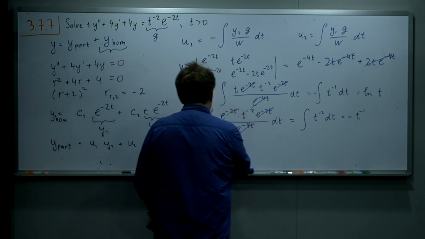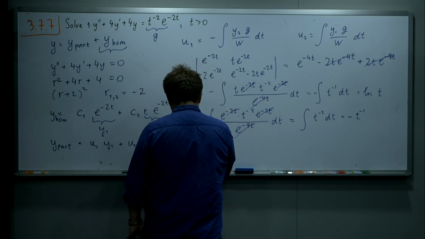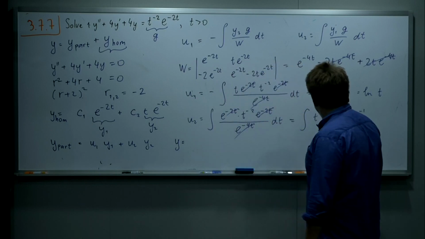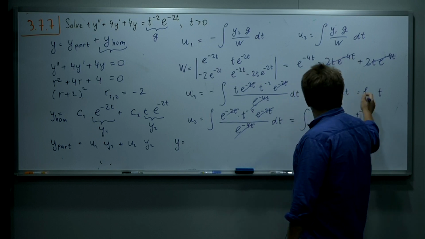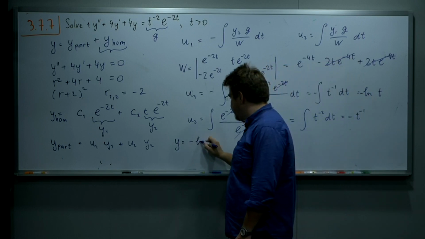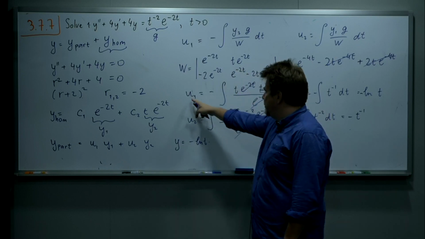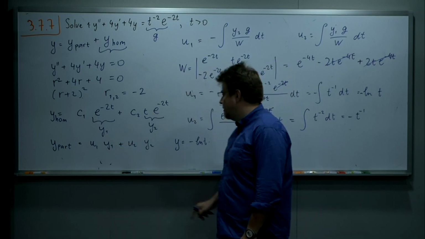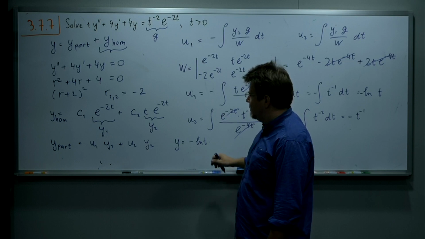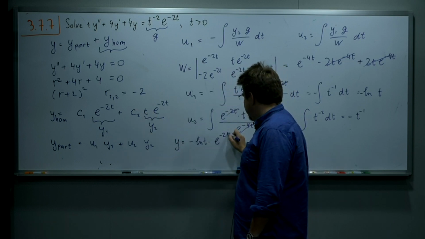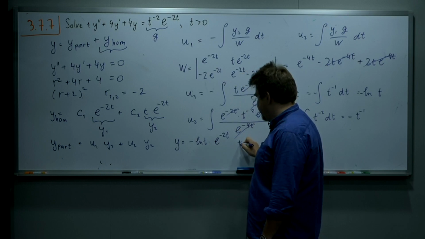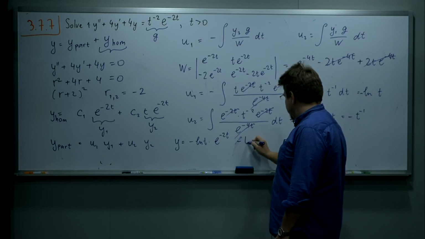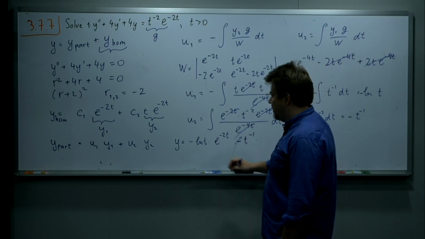Okay, so now the final answer is going to be y, our particular solution, which is negative ln t times u1, times y1, sorry, y1 is e to the minus 2t, plus u2, so plus our u2 is minus t to the negative 1, times y2.